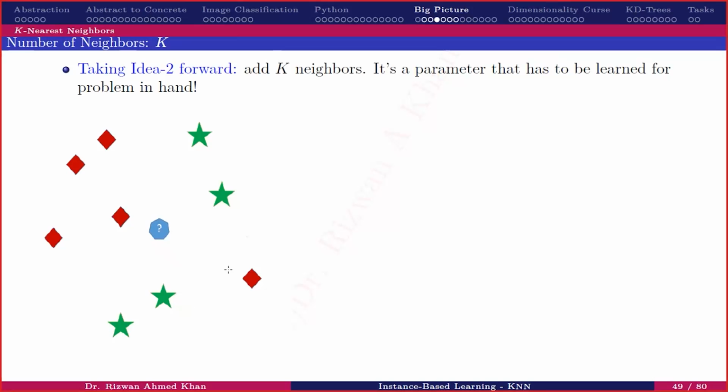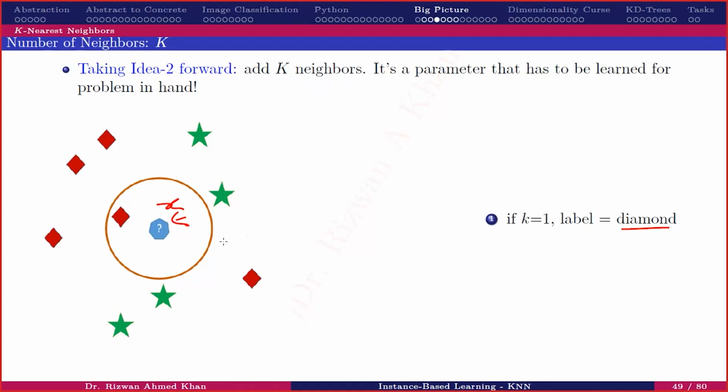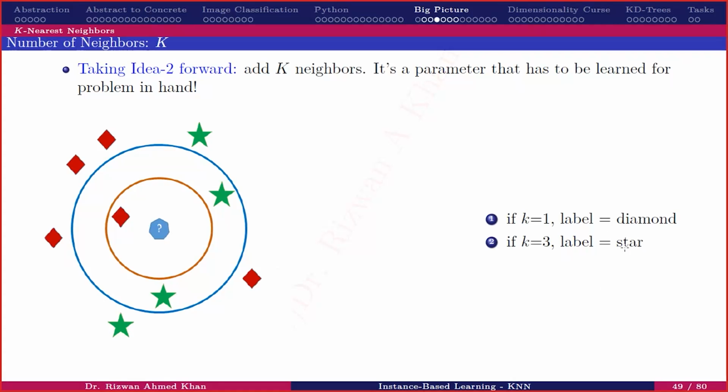So k is a parameter that has to be learned. It depends on domain knowledge. And again, I give you an example. If I use k equal to 1, I get diamond as the classification result for this test query point, which is x over here. If I use k equal to 3, I get star because the majority vote among the 3 nearest neighbors is class star.